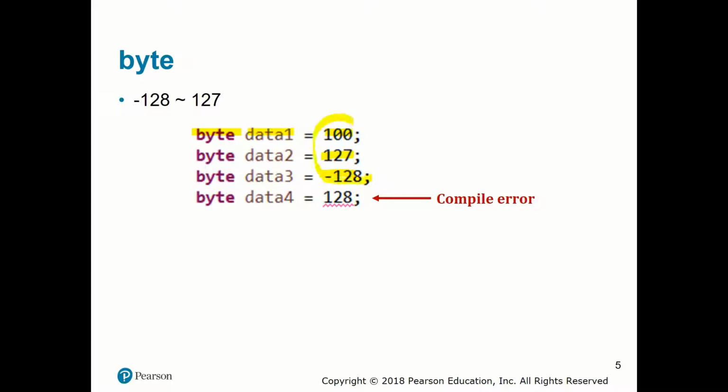These are all okay for storing value to byte type. But 128 is not possible because this is not in this range. So a compile error will occur. So when you use byte data type, you must be careful when storing data. The data should be within this range.